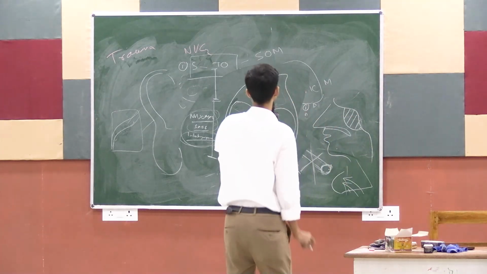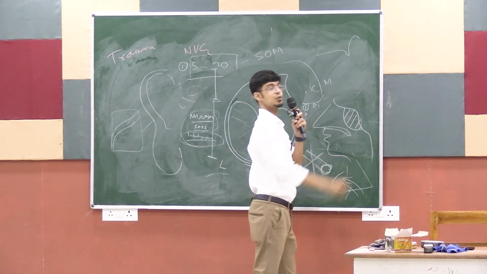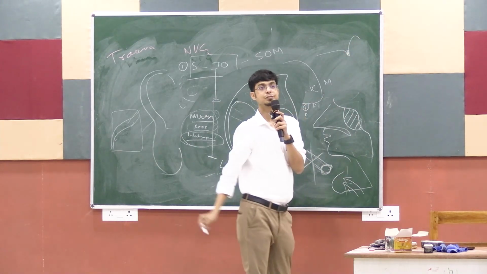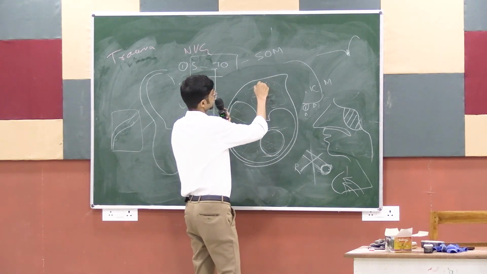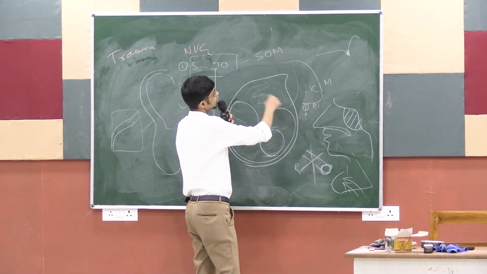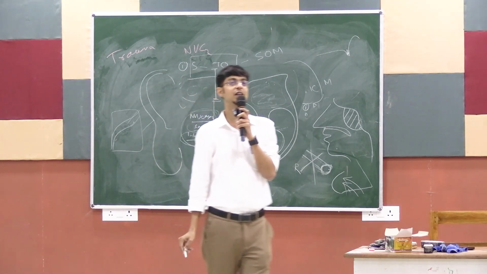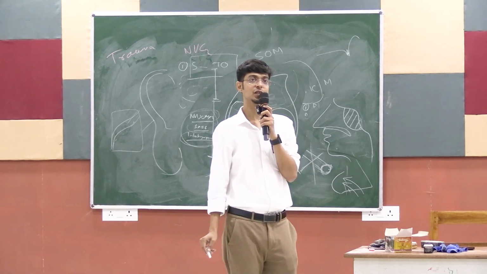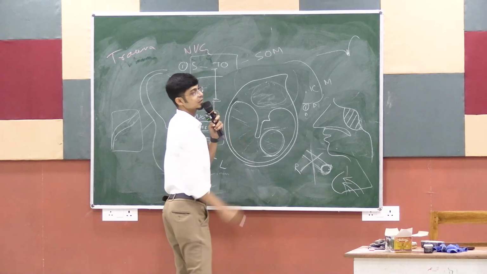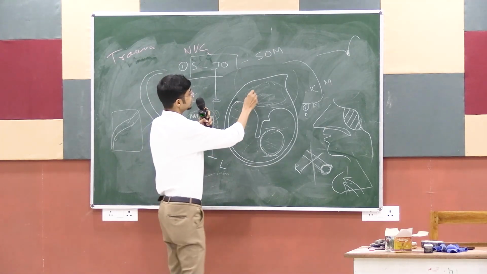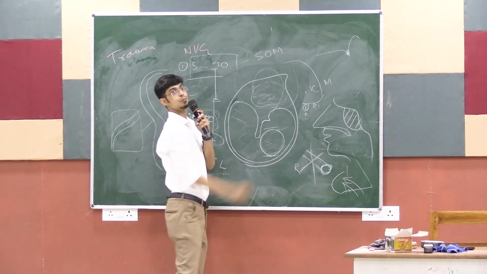Okay, like I said, when I drew a picture, you said I drew it like this, right? So this part is the scutum. It lies behind this attic area. It lies behind this pars flaccida. So when we are having an infection in this part, it can rapidly cause erosion of the ossicles lying in here.